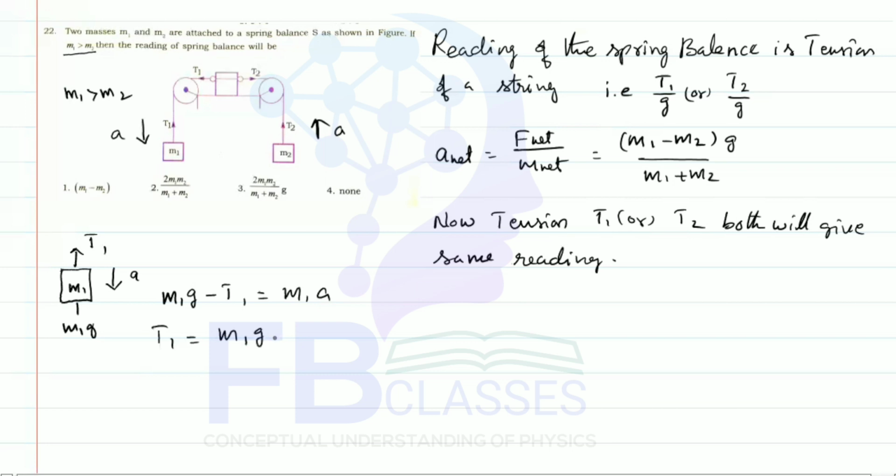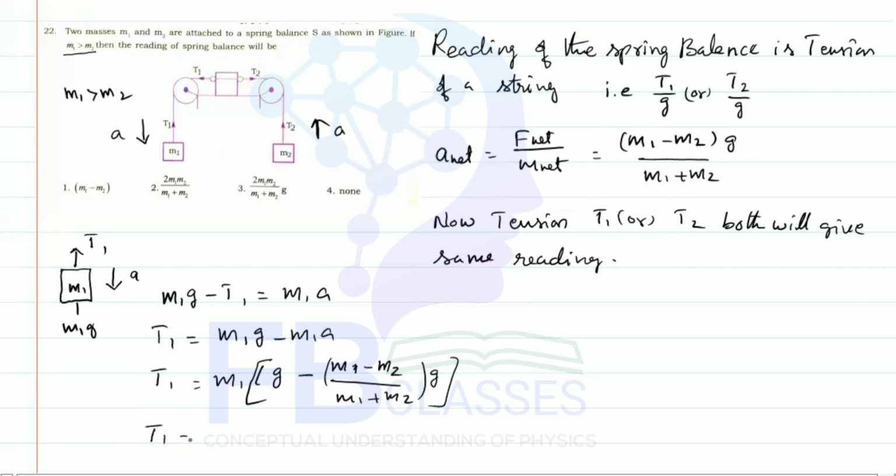Here I will take the common, m1. So the remaining is g minus a, whose value we already found, m1 minus m2 upon m1 plus m2 into g, right? Here g also we can take common. So in the next step I will take the common.